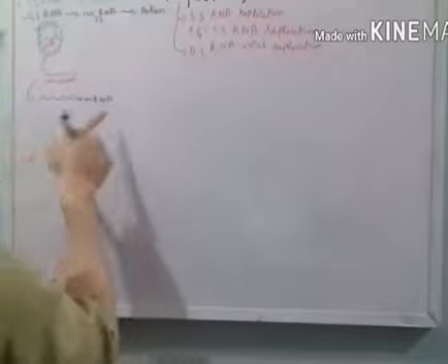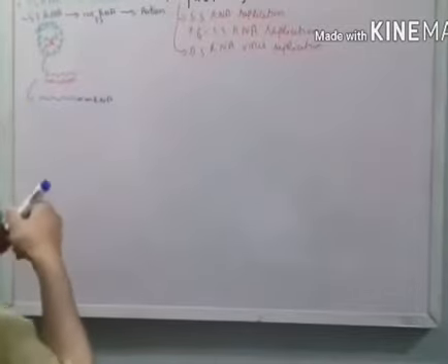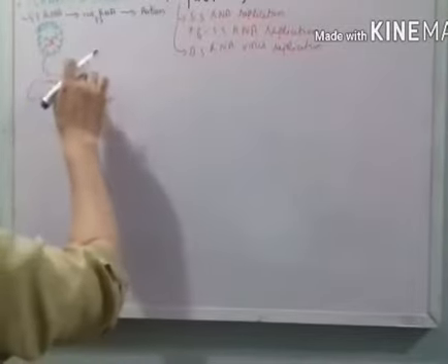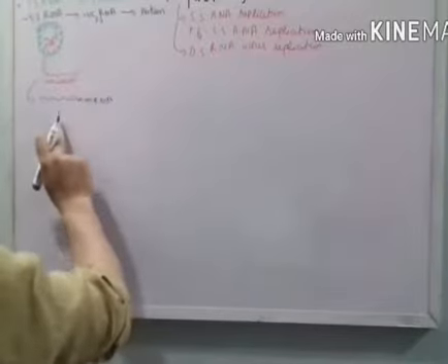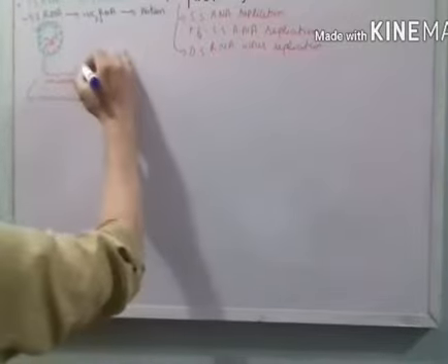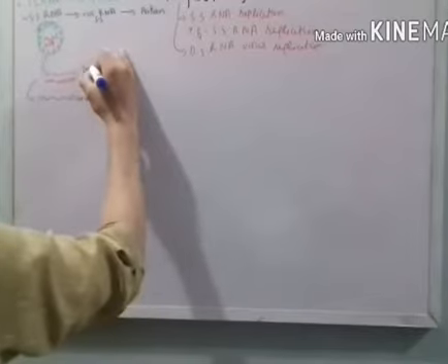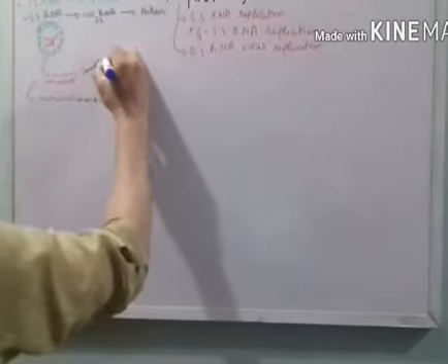Once they produce the negative mRNA, the positive mRNA is used as a template to produce negative mRNA. Now the negative is used as a template, okay? So now it is used as a template.